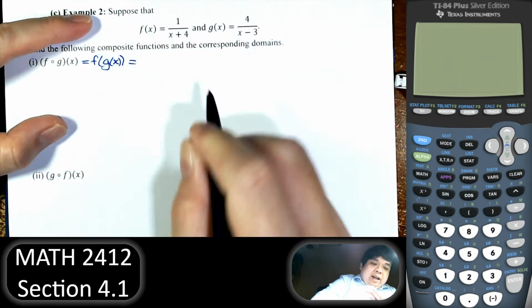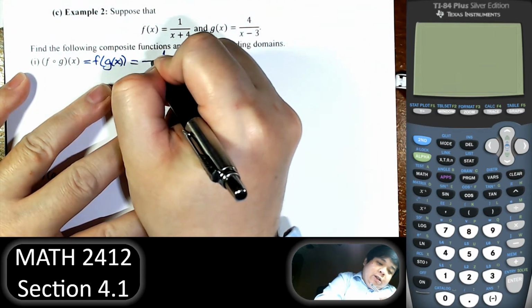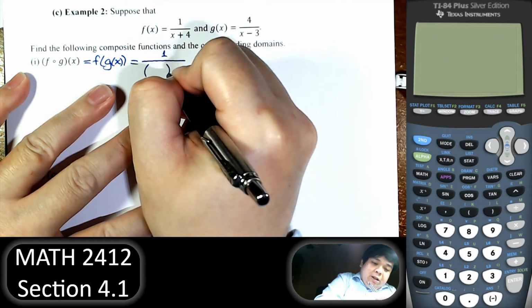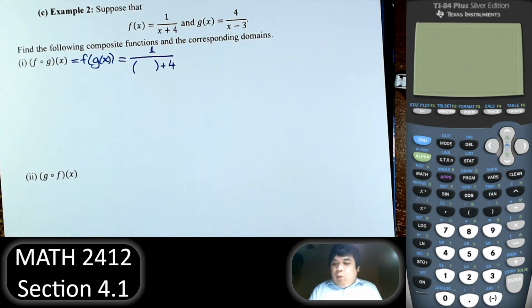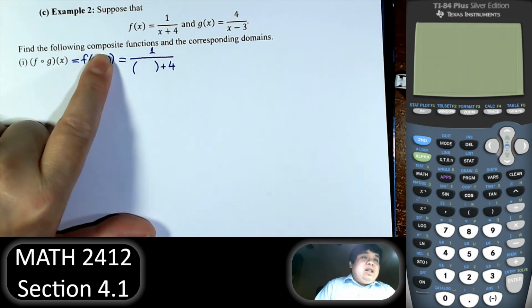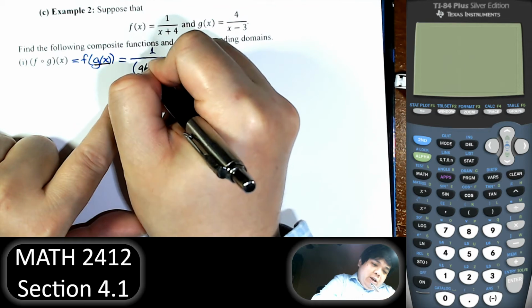Right. Now the function f is what? It's 1 over something plus 4. There are a lot of ways we can do that. Now, we can have just blank inside here. So we can potentially just put g of x here if we want to.